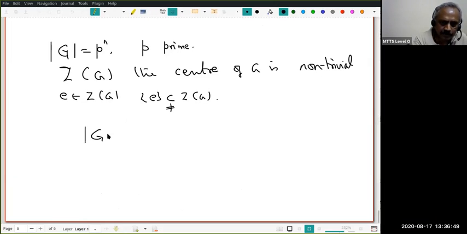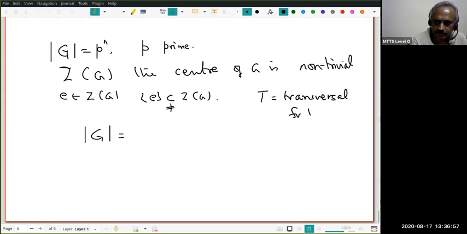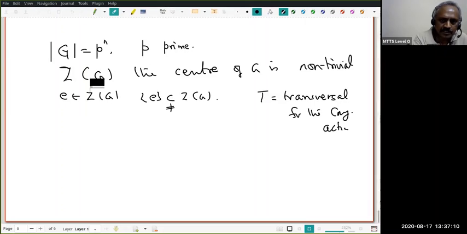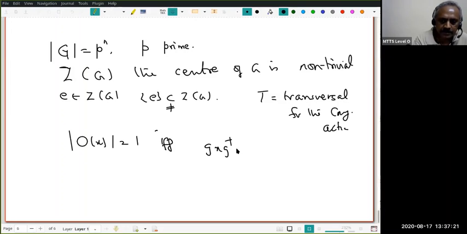So what we know is, in G, let T again be a transversal for the action, for the conjugacy action. Okay. Then what do I have? So there are orbits. Just, we had already said it, but it's better that I recall. When is the orbit a singleton? That is if and only if gxg inverse must be x for all g.